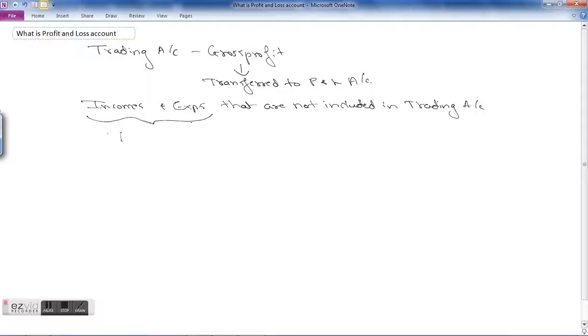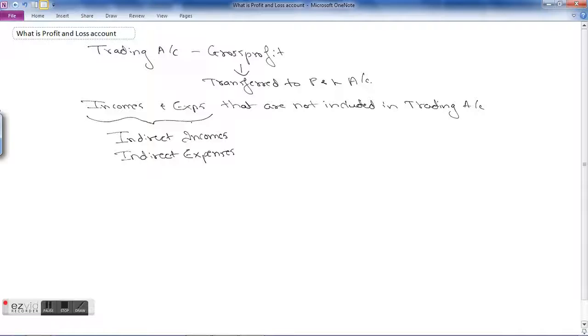That is, all indirect income and indirect expenses. We'll see what indirect income and indirect expenses are once we see the format of the profit and loss account.